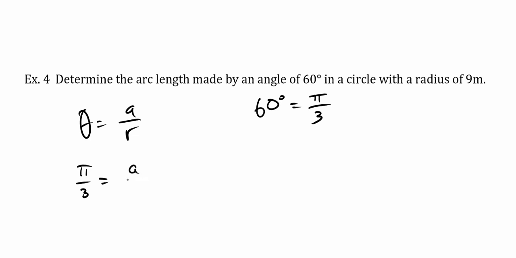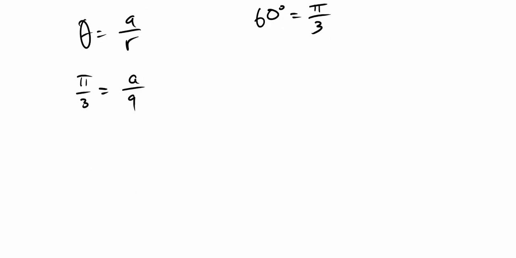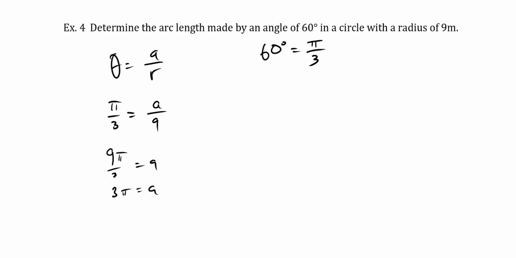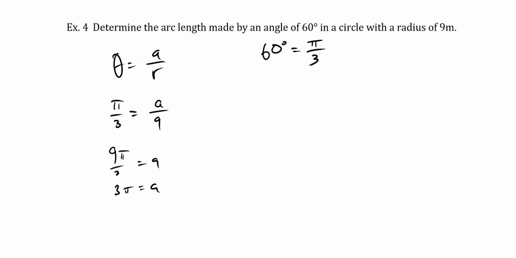Okay, so determine the arc length over 9. So what am I going to do? Multiply both sides by 9. I get 9 pi over 3 equals a, which is 3 pi equals a. The length of the arc is 3 pi, and that would actually be meters.